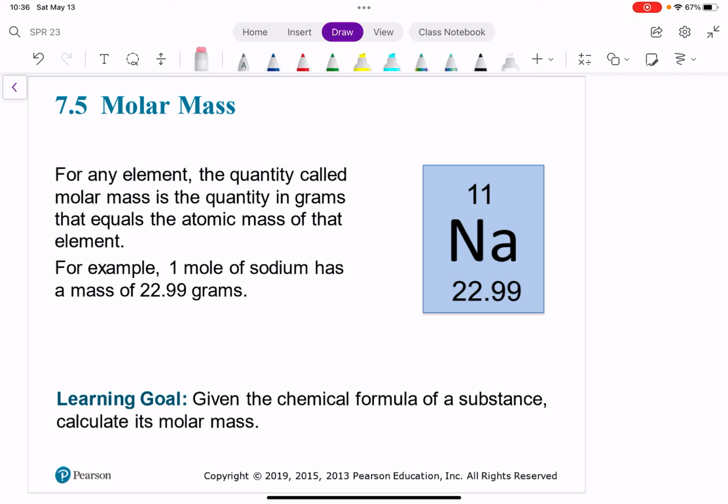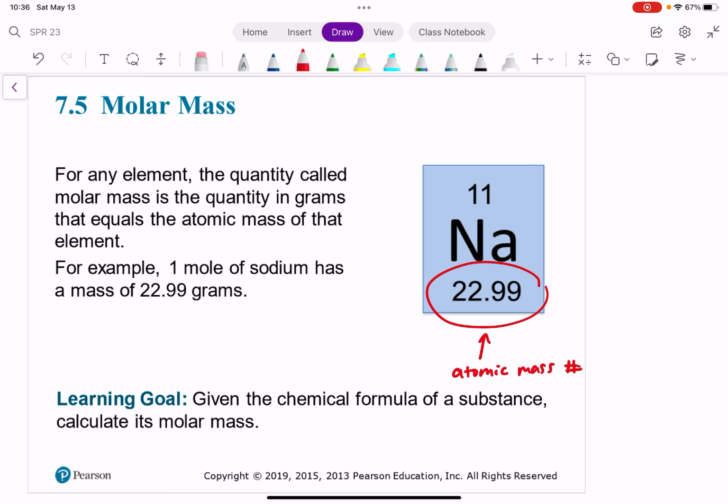So what's the atomic mass? That's given by this number here. Remember, that's called your atomic mass number, and it's always found under your element symbol on the periodic table. So for instance, sodium has an atomic mass number of 22.99.